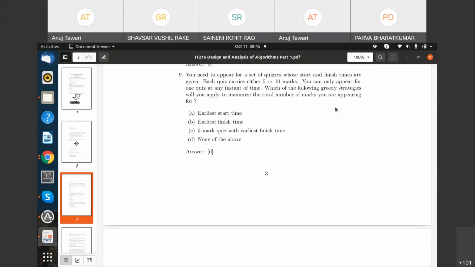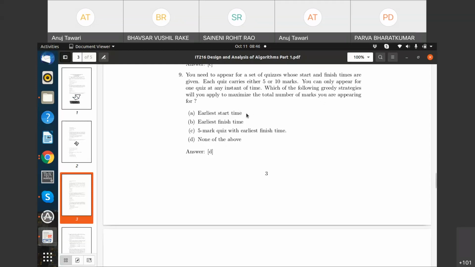You can think of this as a weighted interval scheduling problem. You can only appear for one quiz, but each of these quizzes carries some weight, 5 or 10 marks, and you want to maximize the total number of marks. It is easy to see that none of these things works. What about earliest start time?